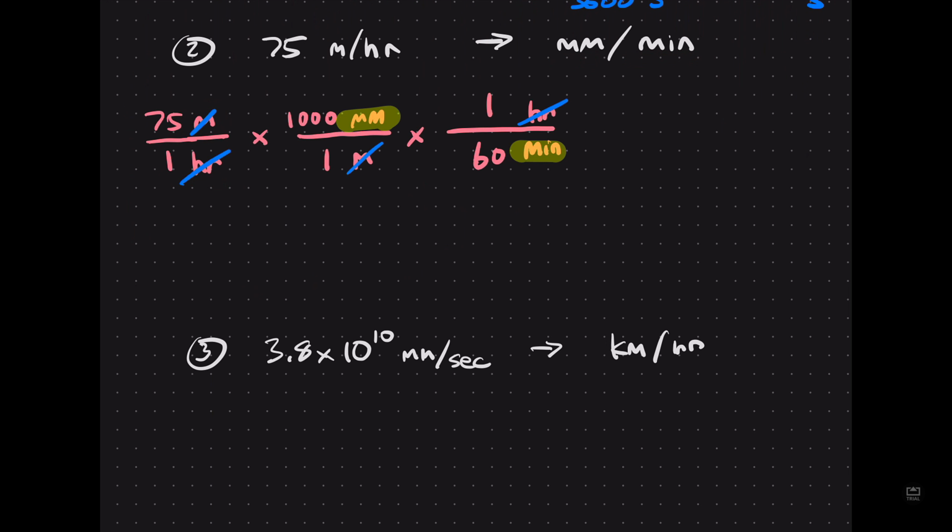So I'm going to go 75 times 1,000 times 1, which I don't really need to do, divided by 1, which I don't need to do, divided by 1 again, which I don't need to do, and divided by 60. So notice that I just strung it along. That will give you the same result.